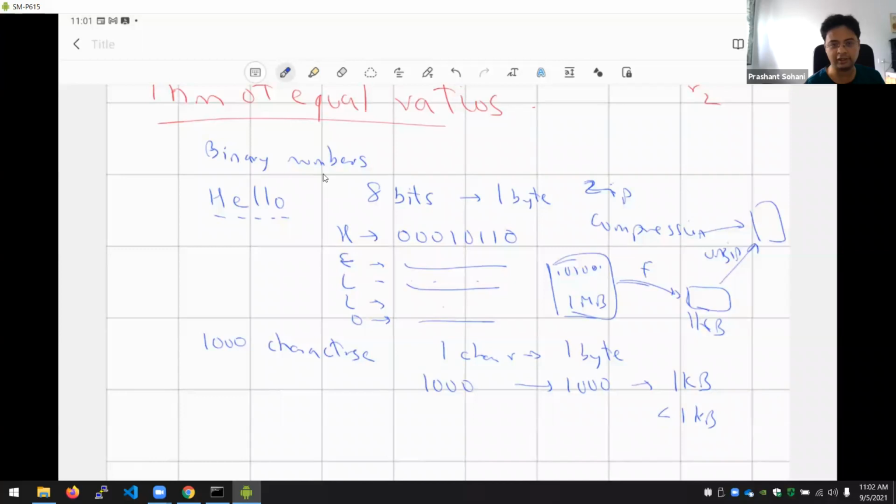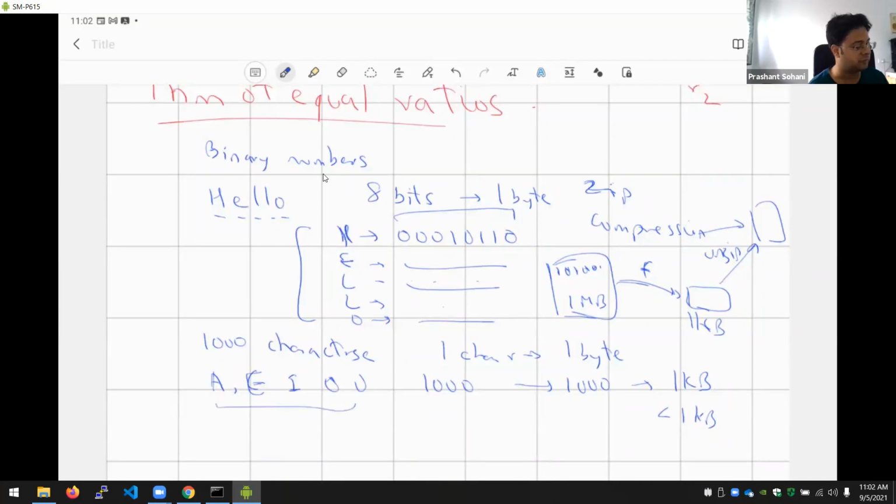That is one very interesting application of binary numbers, and we'll see that in more detail in coming lectures. But just to give an idea of how we can achieve this: what I showed you is that for every symbol I use 8 bits. But I know in the English language that some characters appear more frequently than others, like the vowels A, E, I, O, U. So instead of using 8 bits for every character, I can use fewer bits.